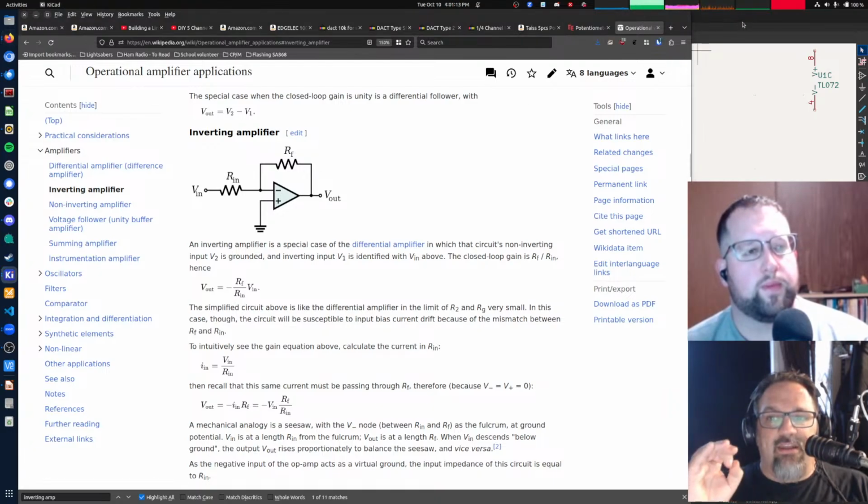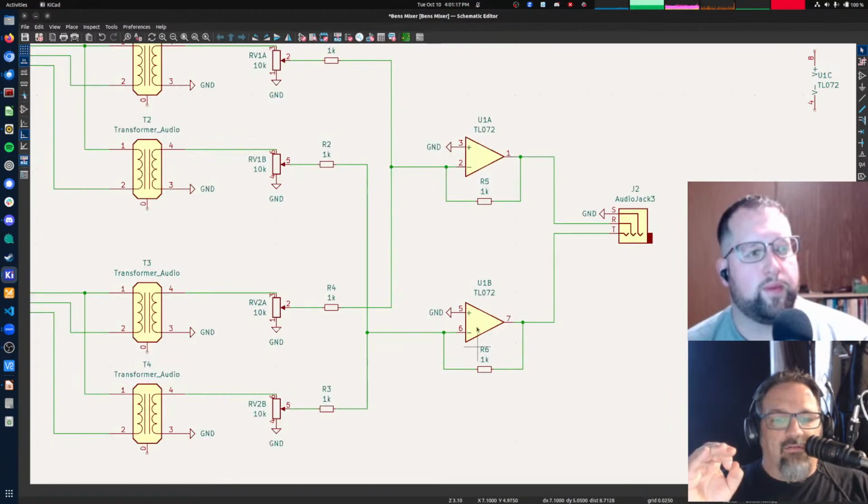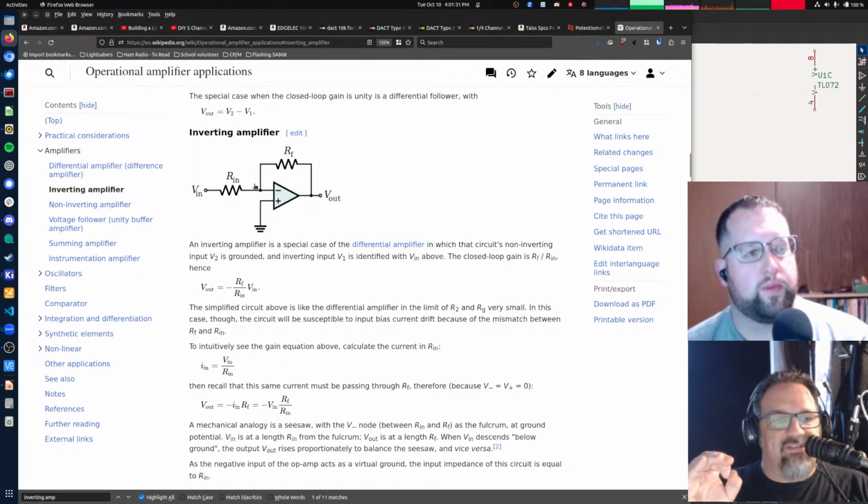So what does that mean in our circuit? Well, what do we have here? I've got a 1 k ohm resistor going into the negative input and a 1 k ohm feedback tying the negative input to the output. That looks the same as this: 1 k ohm input into the negative terminal and a 1 k ohm feedback to the output.